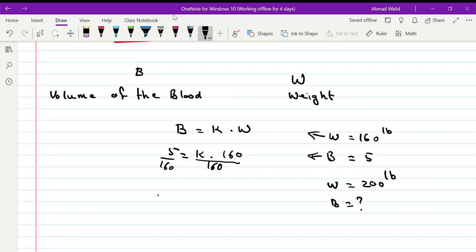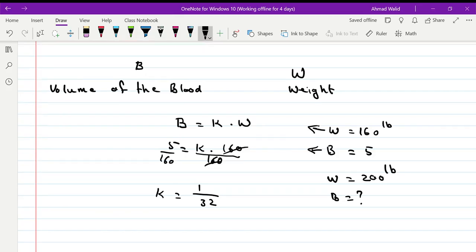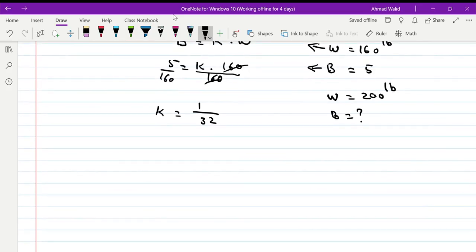Then I can say K equals 1 over 32, correct? That will be the value of what? The constant of variation. Now I'll rewrite my equation. I will write B equals 1 over 32 times W.